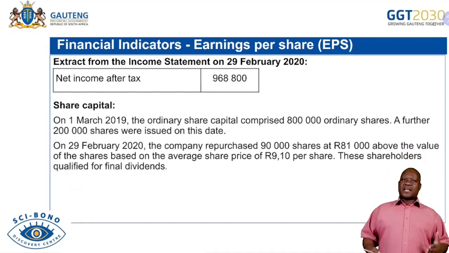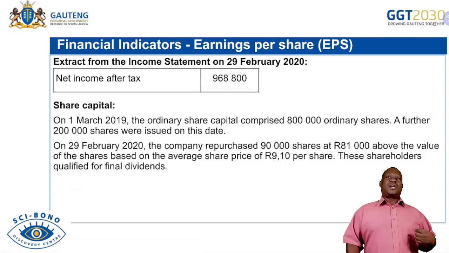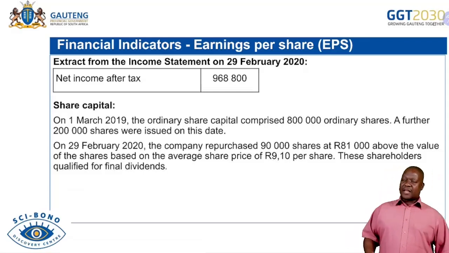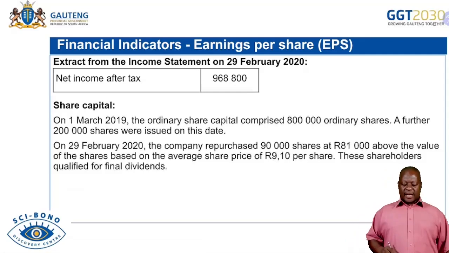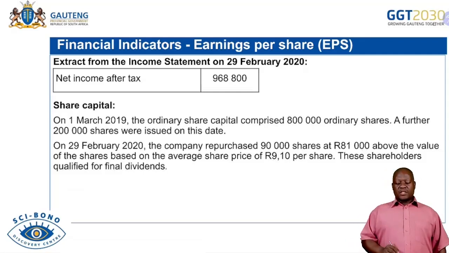It gives us our net profit after tax, and we are happy. They also gave us share capital, the number of shares, but it's not just a figure. They are giving us what happened. They are saying on 1 March 2019, this signifies the start of the year, the ordinary share capital comprised of 800,000 ordinary shares.